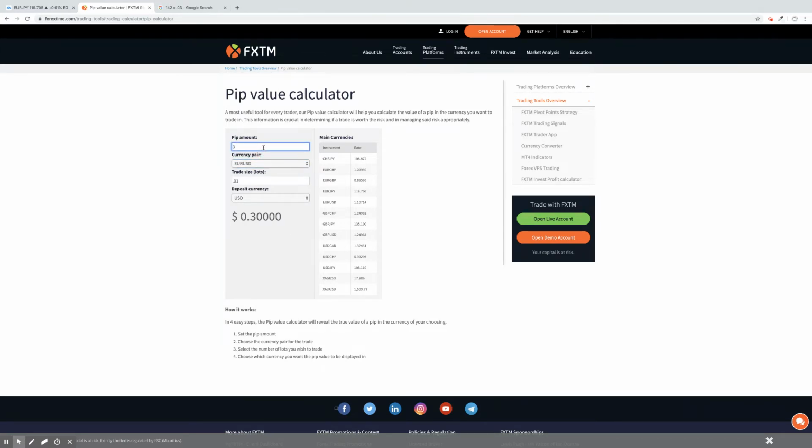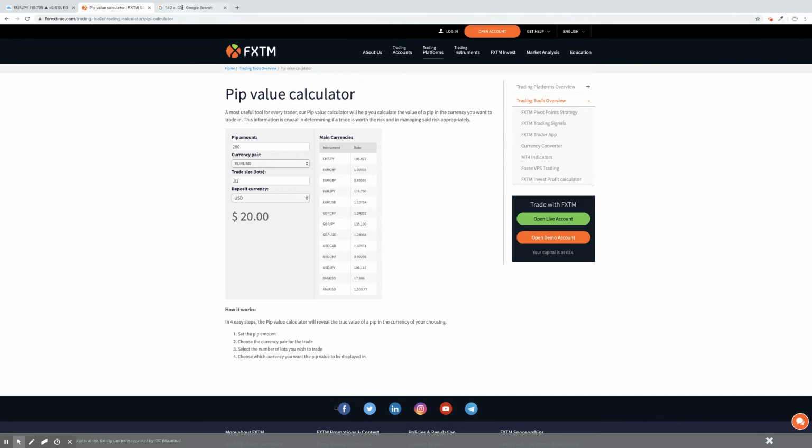And let's say we risked 30. So our stop loss was 30 pips away. And let's say our take profit was 200 pips away, okay? We changed the currency pair to the Euro US dollar, all right, with the same lot size.